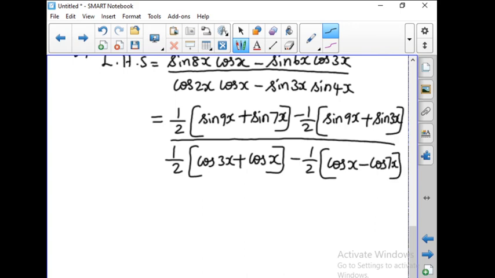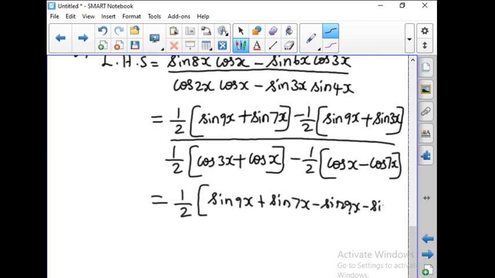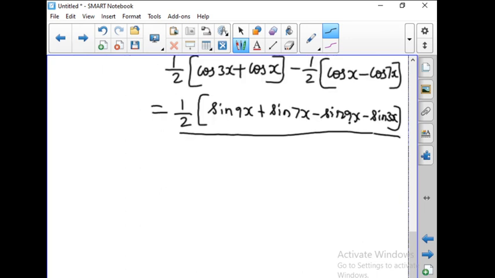So we are having the answer here as, now if you see, 1 by 2 you can take common outside and cancel. So 1 by 2 is common for everything. So we are having sin 9x plus sin 7x minus sin 9x minus sin 3x, divided by 1 by 2 of cos 3x plus cos x minus cos x plus cos 7x.